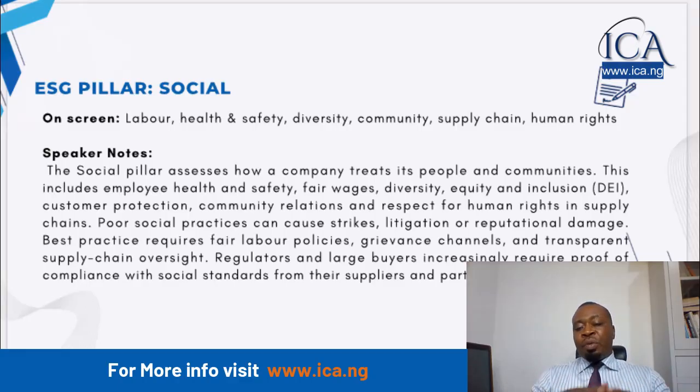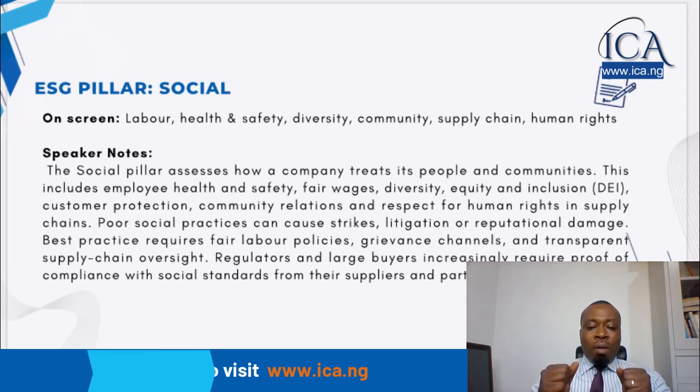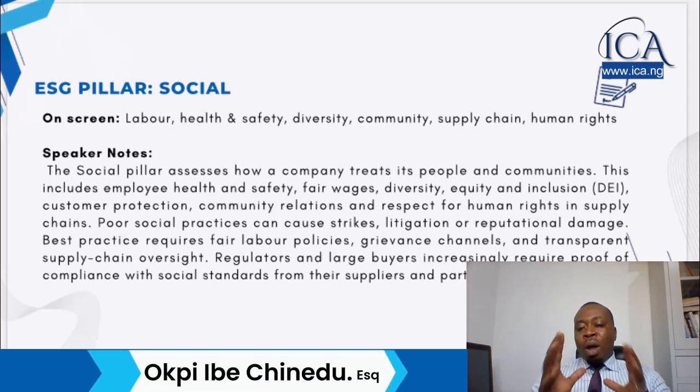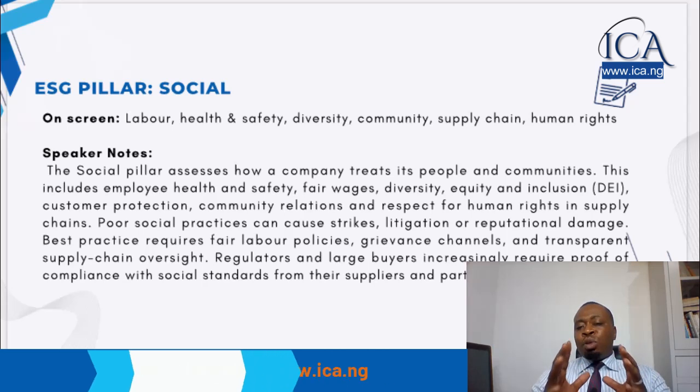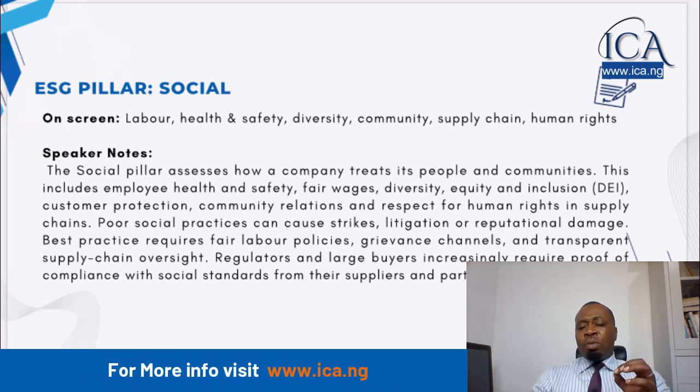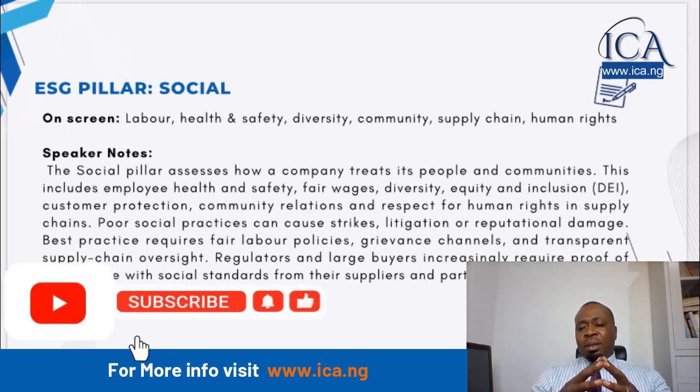So if you really want your buyers or your investors to take you seriously, it's very important that you ensure that your social policies are well intact, in order for them to know that your people and the community you serve are topmost in your policy.